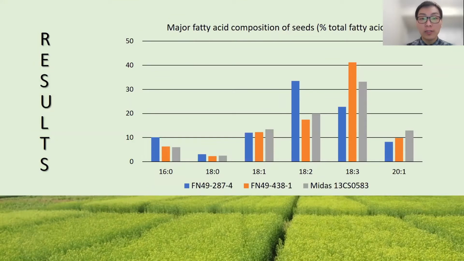And this chart displays the comparison of the fatty acid composition of seeds between mutant lines and the reference. And here the reference is Midas. We can see the 2 mutant lines I selected, shown in this chart, had a very different content of linoleic acid and alpha-linolenic acid compared to the Midas.